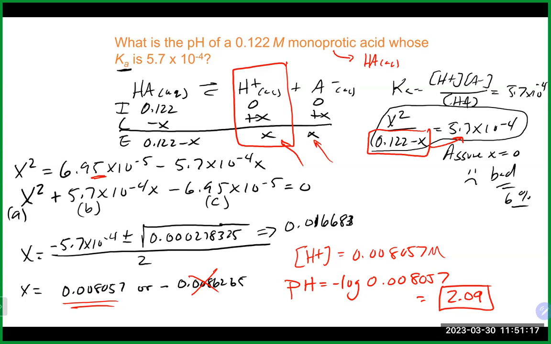Other questions? Yeah, it probably wouldn't happen, but maybe it would. But I guess if somehow at the equilibrium line you had just a negative X, then it would be okay because it turned it positive. So yeah. Other questions? Okay.